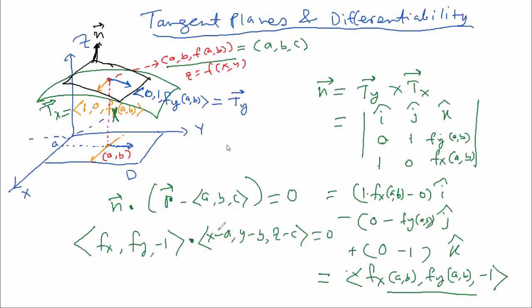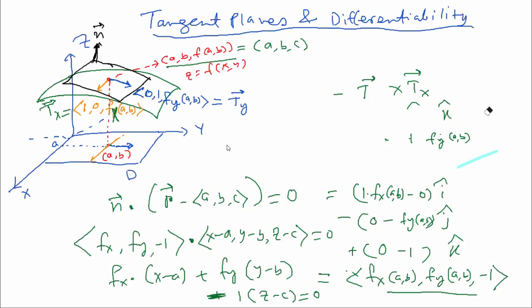If you do that, f of x times x minus a, f of y times y minus b, plus negative 1 times z minus c equals 0. Okay? So if you write it down, write it here.